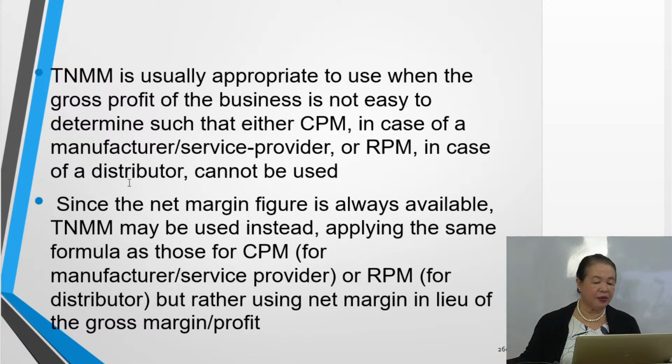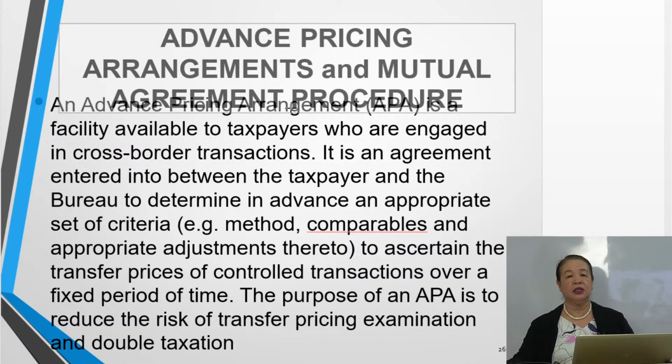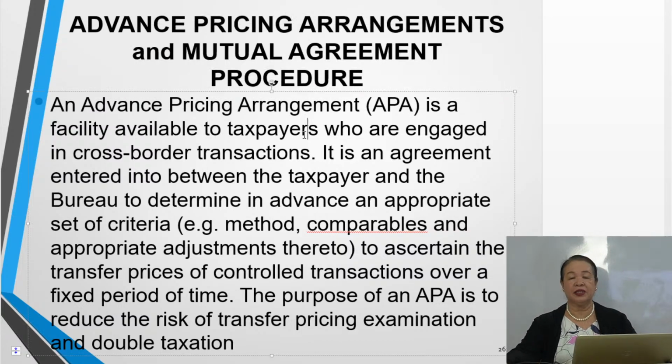Okay. So, I have discussed to you yung transfer pricing methods. And what are those methods? We have the comparable uncontrolled price method. Paano tayo nagko-compare sa price? We compare the price and ano yung factor na very important that can influence the price: the characteristic or nature of the service or goods, whether tangible or intangible.